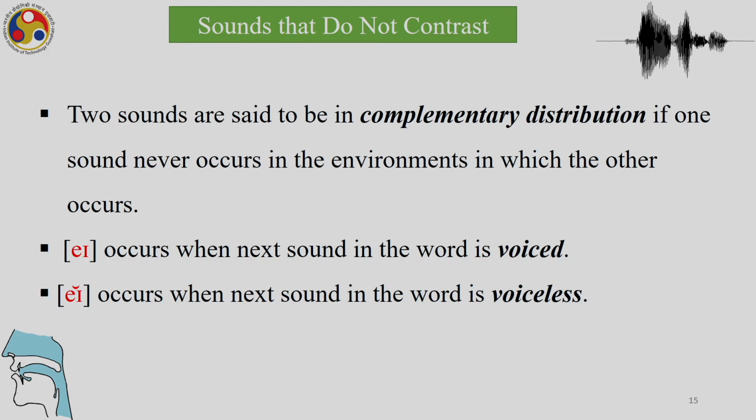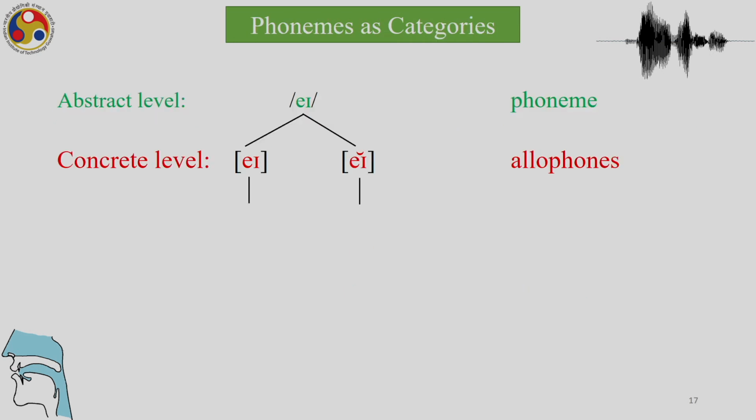As you saw before, one sound never occurs in the environment in which the other occurs. That's why the two A's are mutually exclusive, and when one occurs, the other will not occur in that environment, and that is called complementary distribution. So at the abstract level, now there is one A.